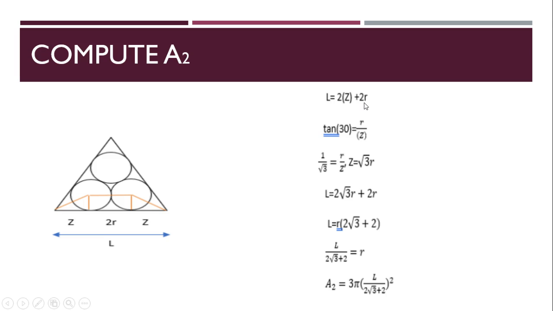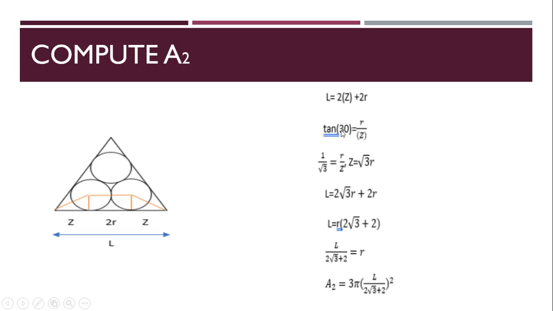So now we're going to do the same thing, tan of 30, right? We still have our r right here, and now it's our z. So this is our opposite, and this is our adjacent. We can use tan 30 because this is our 30 degrees, this is our r, and this is our z.